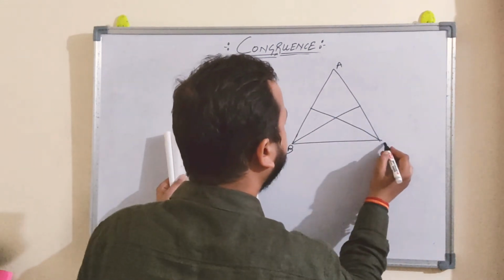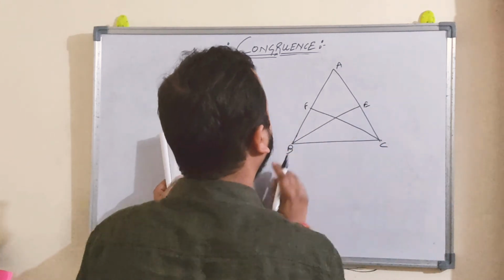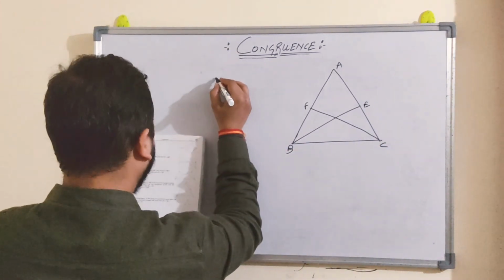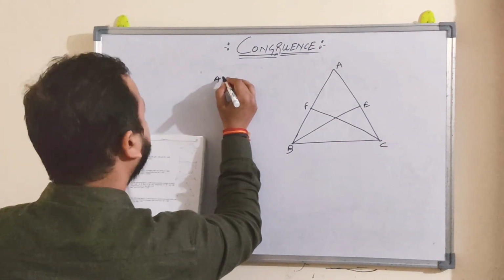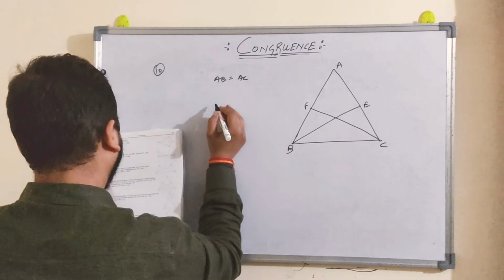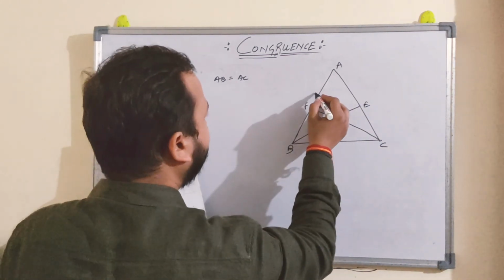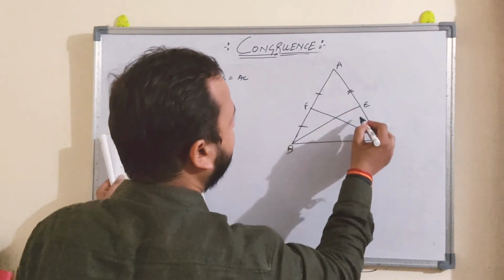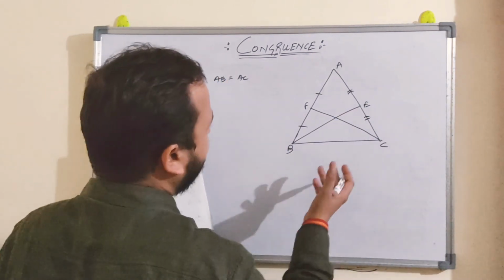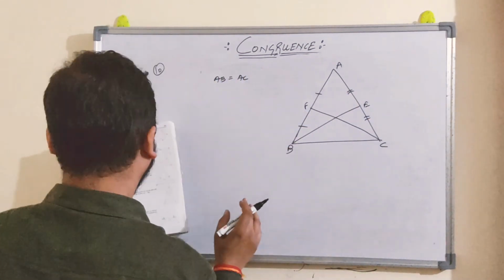A, B, C, E and F. It is given that AB is equal to AC. And E and F are the midpoints, right? So it means they are equal and they are equal. And you can say that if they are equal, so it means these two others are also equal.